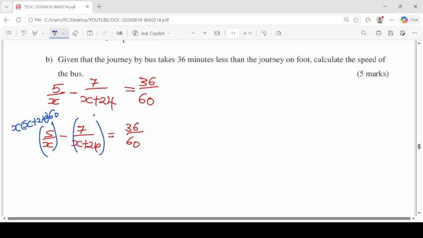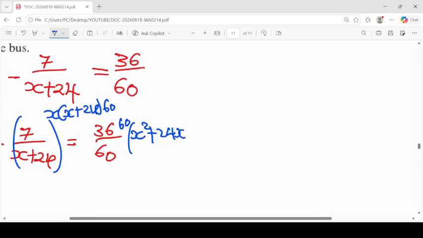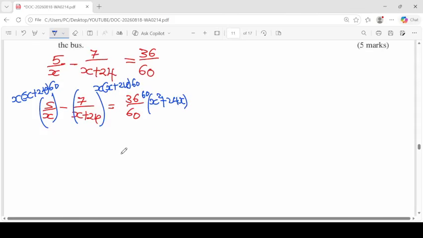Also here we have x times (x plus 24) times 60. Also here we'll have 60 into (x squared plus 24x). So when we reach that particular level, ladies and gentlemen, let us now evaluate it.